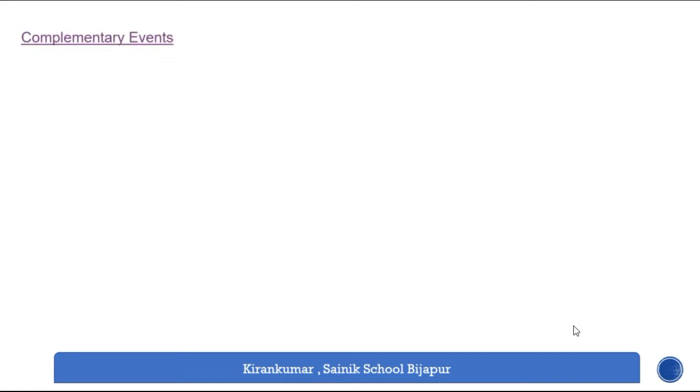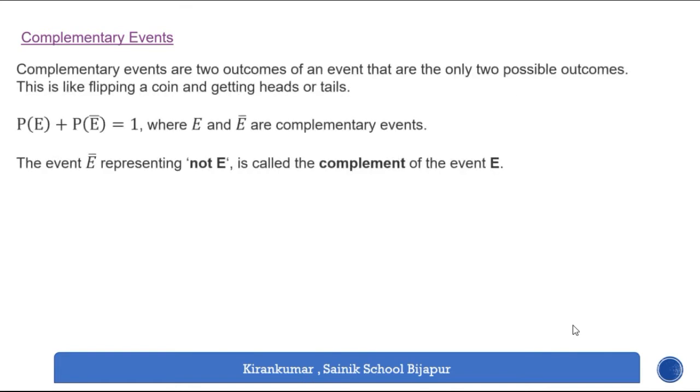Another important topic is complementary events. The complementary events are the two outcomes of an event that are the only two possible outcomes. This is like flipping a coin and getting head or tail. Probability of an event plus probability of not an event is always 1.